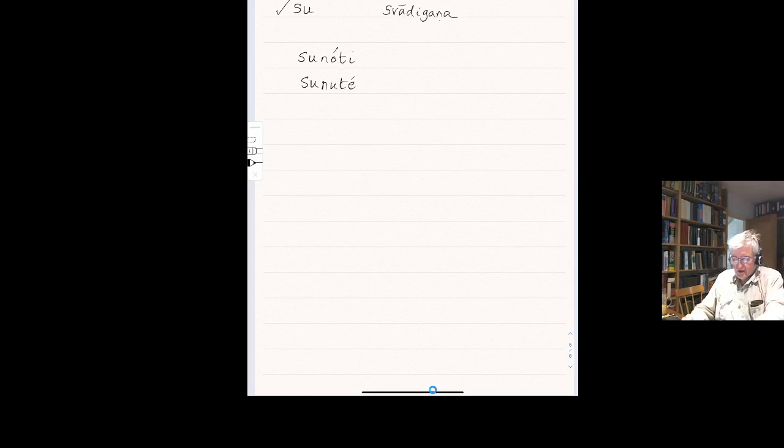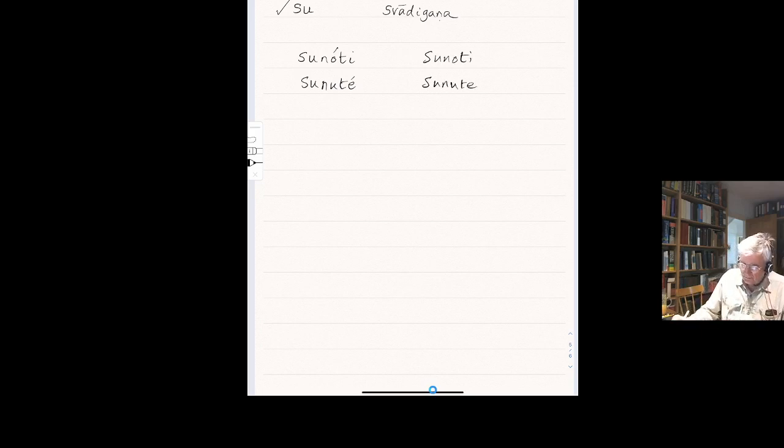Sunute. Notice here I've put the stress marks here, which normally we wouldn't do when writing Sanskrit or Pali, just to remind you that that's the reason why we get these differing forms. Sunoti, sunute. We're just writing regular, ordinary Sanskrit. We write it without any mark.